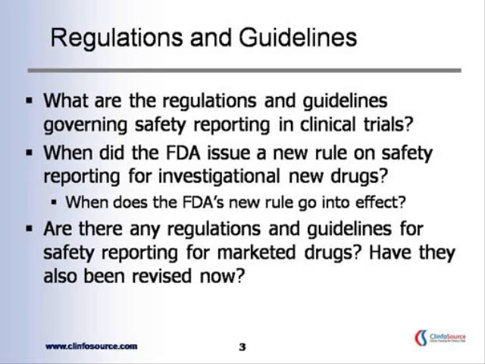No changes have been made yet to the requirements for marketed drugs or biologics, but a proposal was made in October of 2003. Therefore, changes may occur at some point. ICH GCP provides reporting guidelines for marketed drugs in Topic E2 on clinical safety management, standards for expedited reporting.